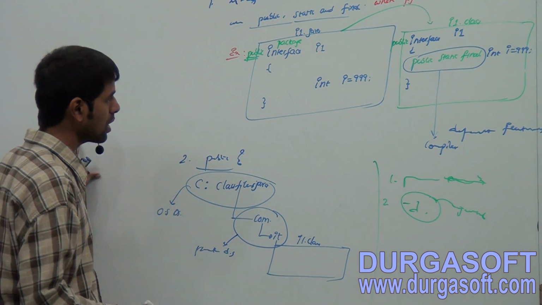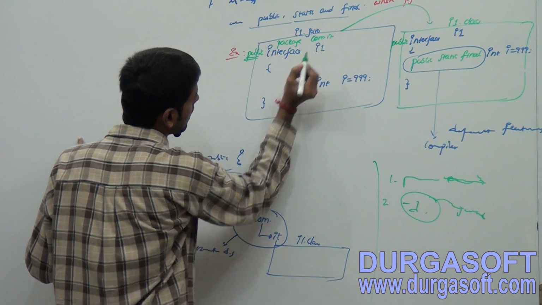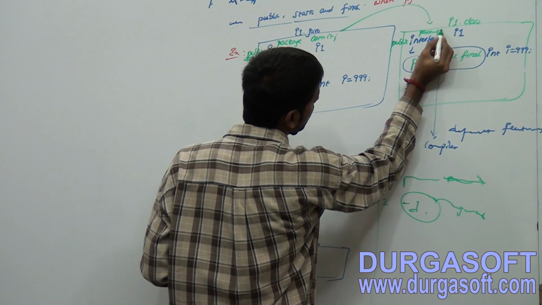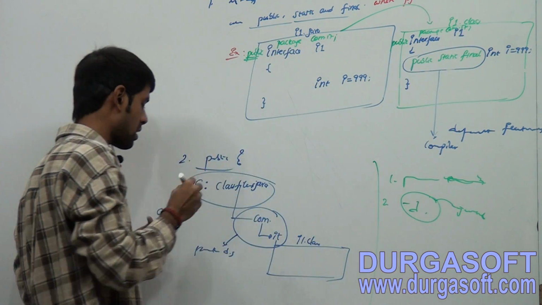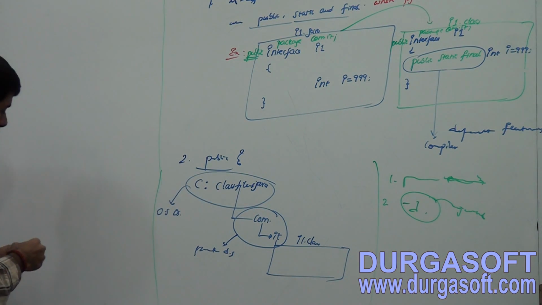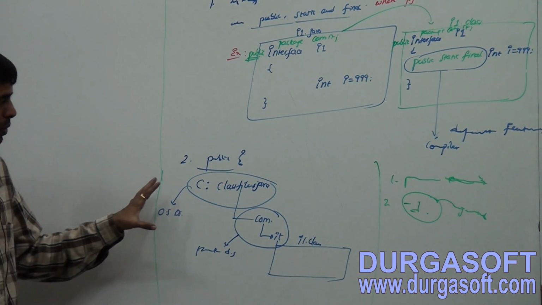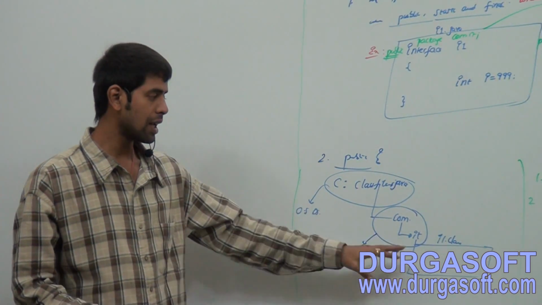Observe here, package com.it, and in the .class file it will also be package com.it. Now I want to access the I1 .class file.